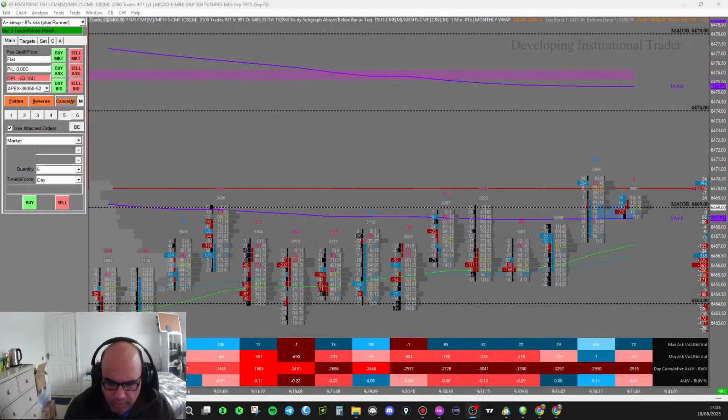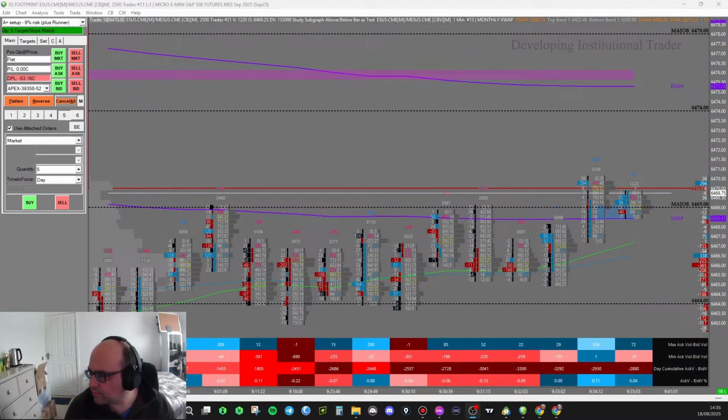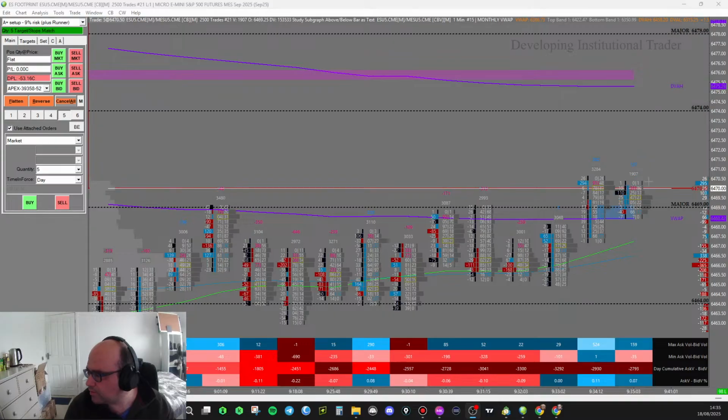There's an attempt to sell. Here's the CVA low. I'm just waiting for this attempt to sell to fail. As soon as we enter the CVA low, which is 64, this one, I'm entering.